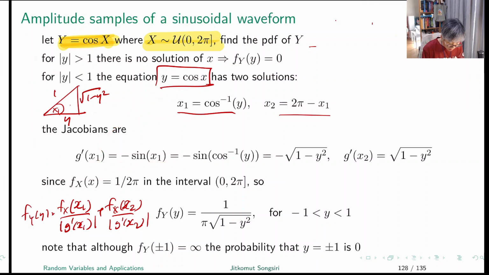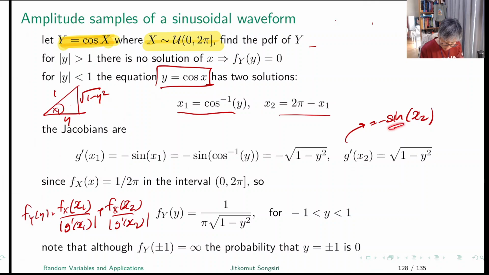At x1, g prime is minus sine of x1, and sine of x1 is going to be the square root of 1 minus y squared, with the negative sign going here. And g prime evaluated at x2 is minus sine of x2, which goes the same way.